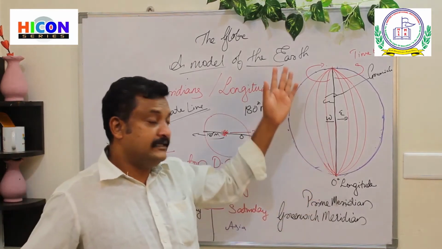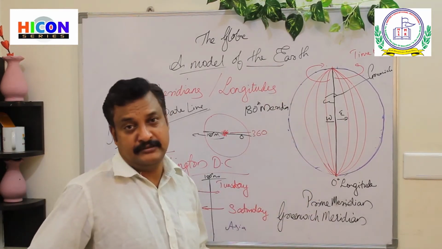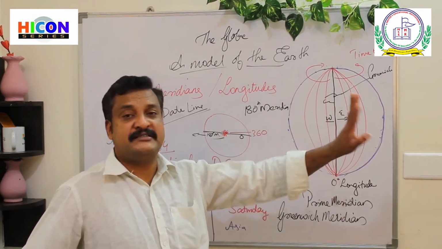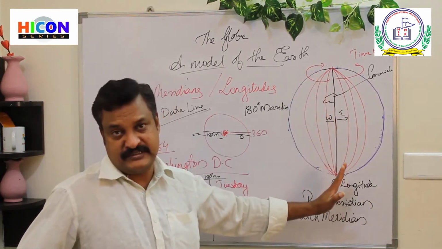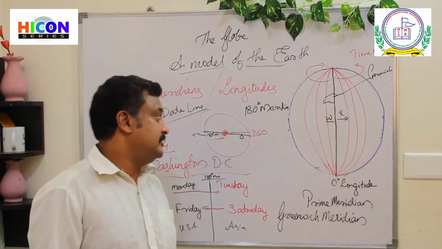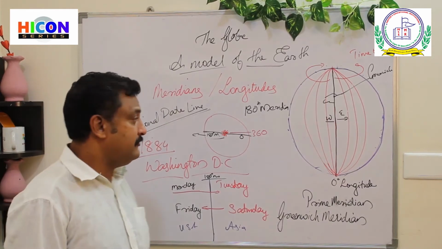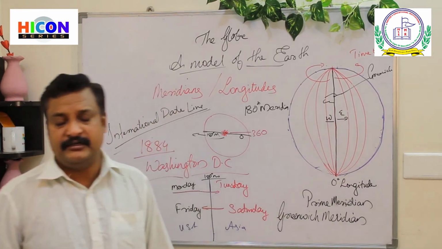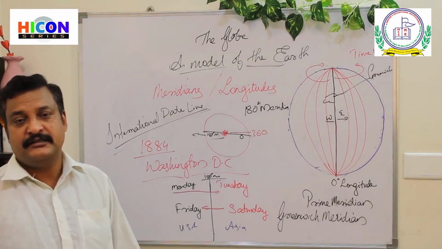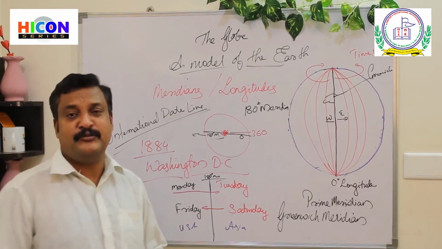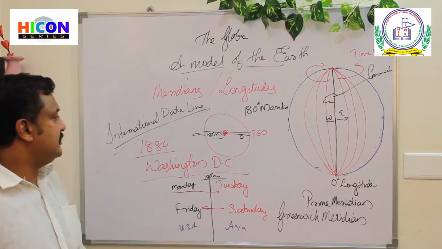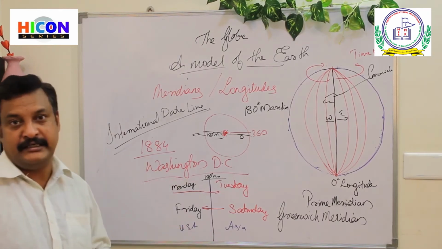That is known as the international time line. The time at different places is calculated based on this line. Okay, then in 1884 there was an international conference in Washington DC, the capital of the United States of America. It was about deciding an international date line.